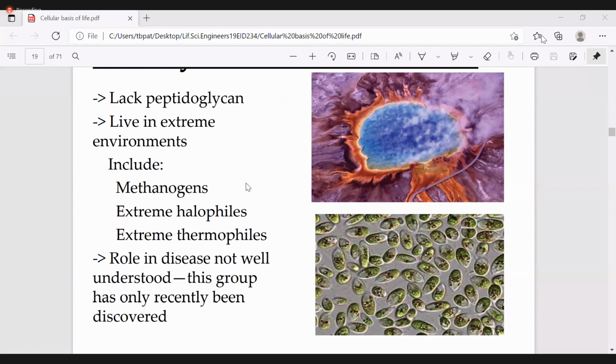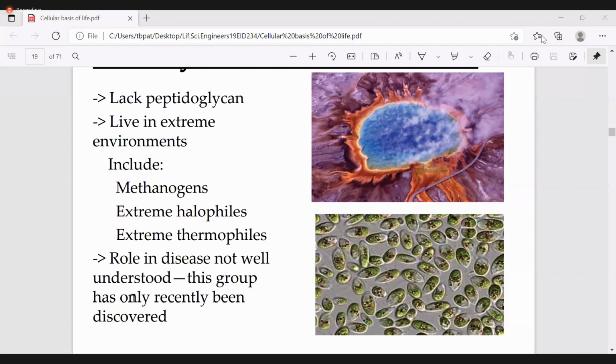For example, these bacteria we can identify in mines, especially coal mines. The role of disease is not well understood.